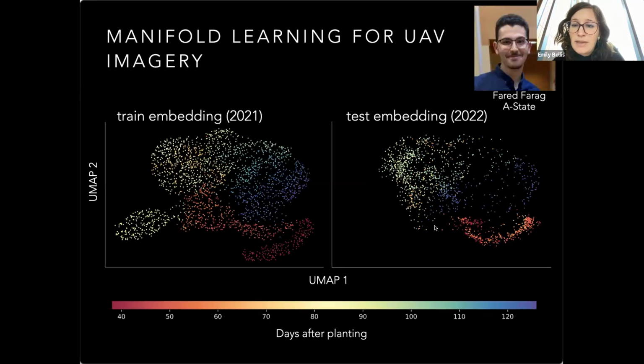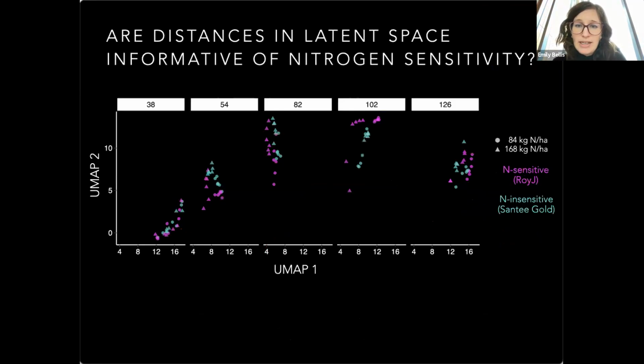And then in 2022, all of the accessions are projected into that same space based on their calculated vegetation index and texture index features. Again, there's this progression from early to late here.